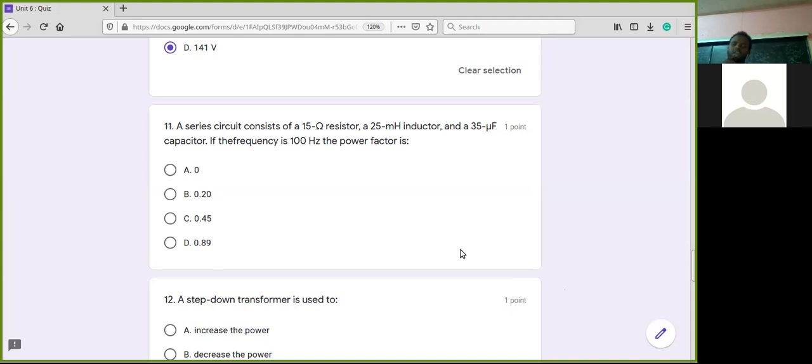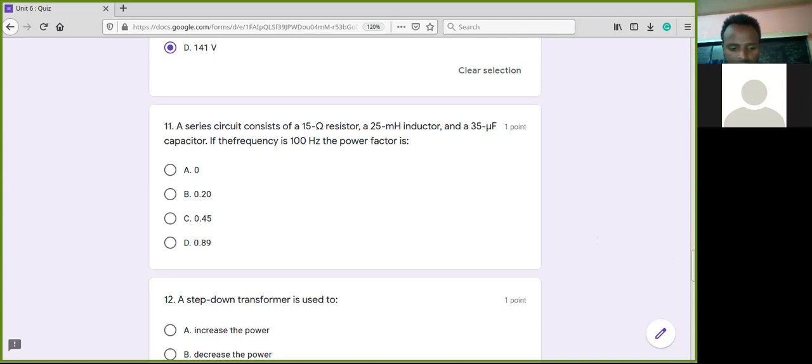Have you got the final answer? XL will be 5 pi, 15.7. XL is 15.7.